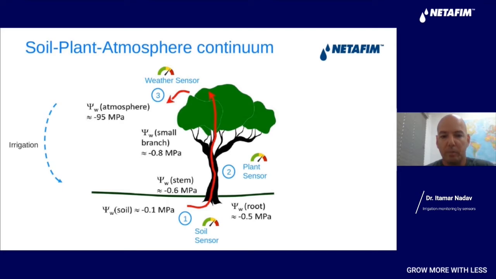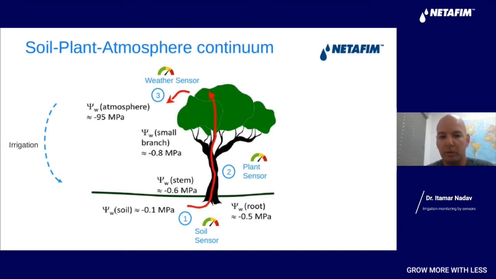If you look at the plant in the field, we can see a soil-plant-atmosphere water continuum, a line of water that starts from the soil, goes through the plant and back to the atmosphere.